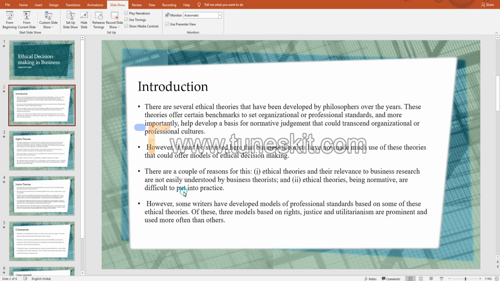Next, there are some techniques, some ways in which business theorists have looked at them, and you should also take a look at those issues. The last point is that there are some standards we need to know, and standards will be set on the basis of rights, justice, and utilitarianism. These are the points.